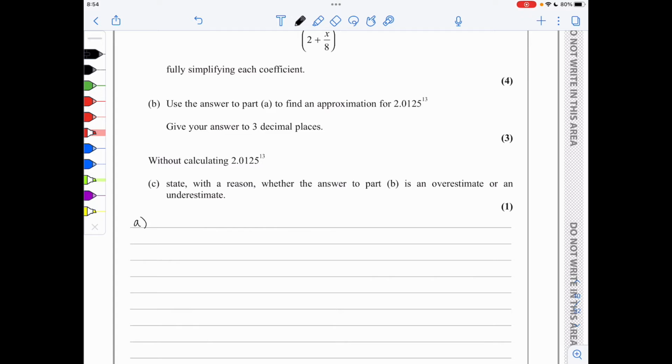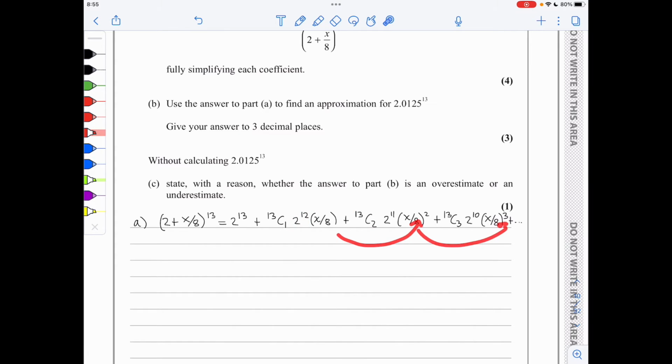So we know that we start with the full power loaded on the first term, so that will be 2 to the power of 13 plus 13 choose 1, 2 to the power of 12 x over 8 plus 13 choose 2, 2 to the power of 11 x over 8 squared plus 13 choose 3, 2 to the power of 10 x over 8 to the power of 3. Each time the power on the first term drops by 1 and the power on the second term increases by 1. The sum of the two is always the original power.